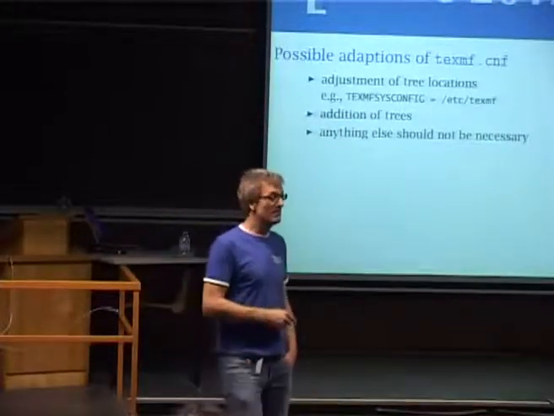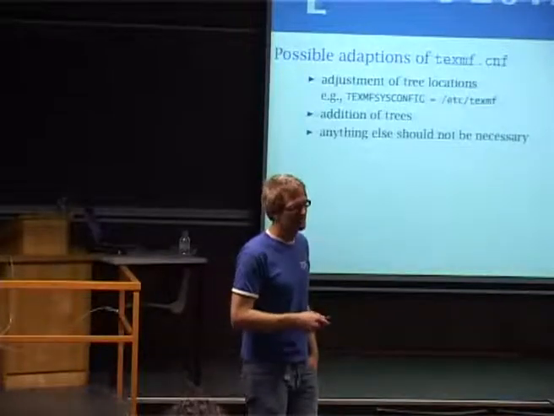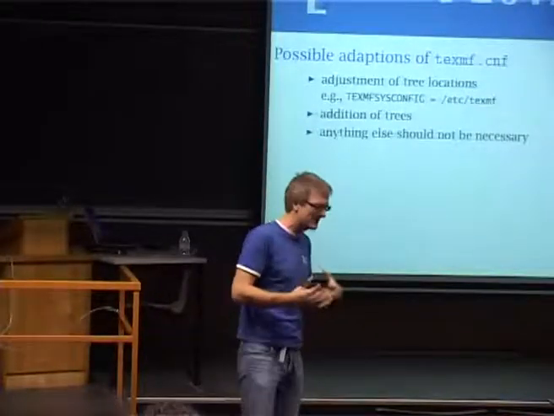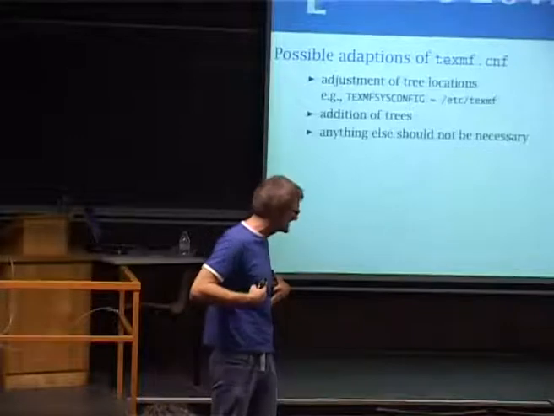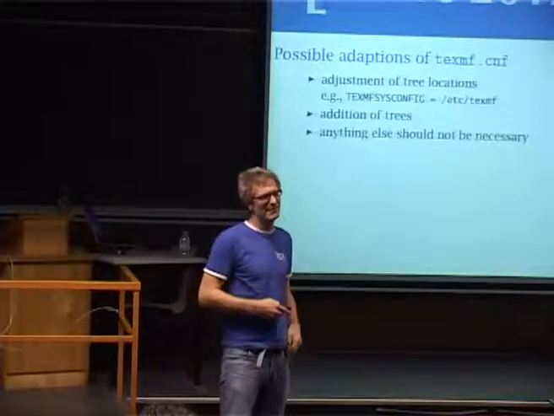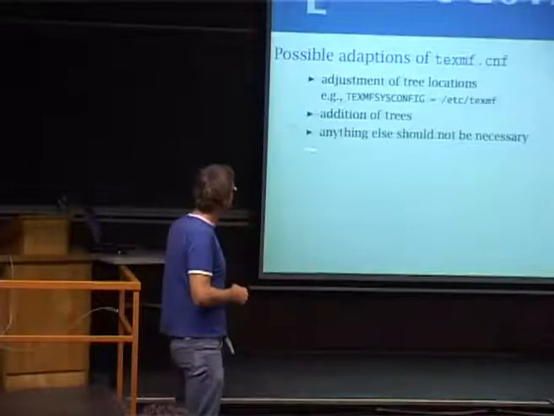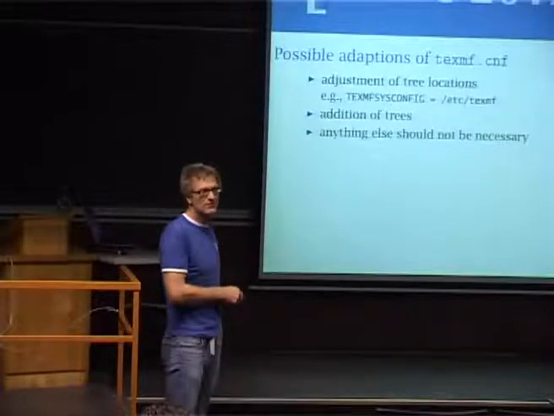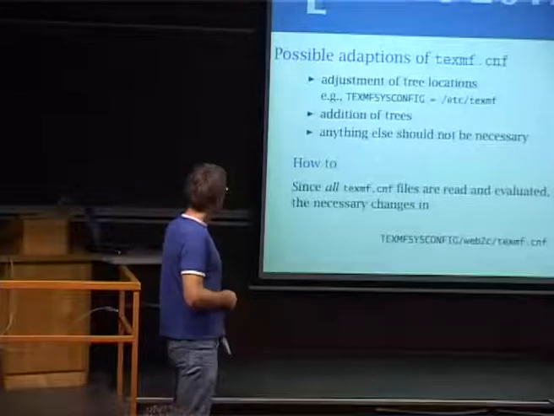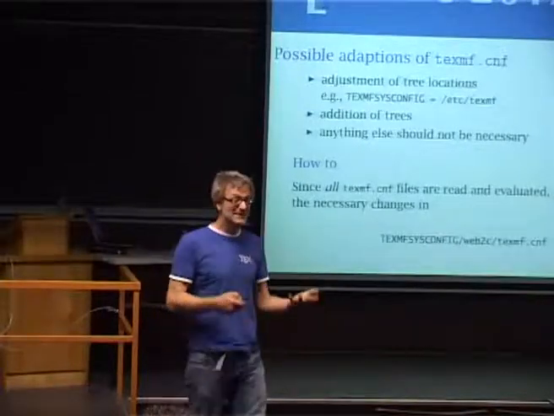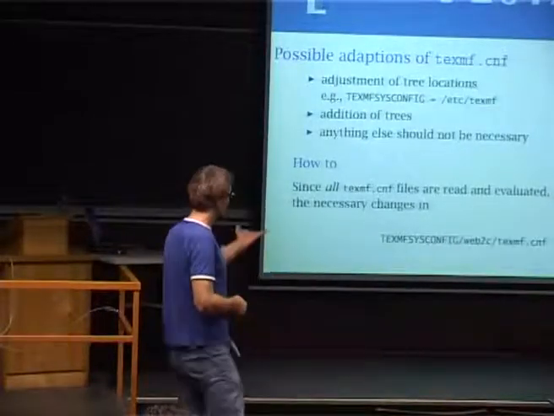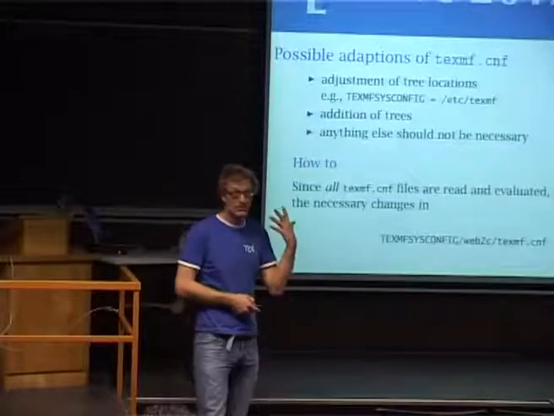I mean, there are memory adjustments, but we have set up the values in a way that even if you install everything, you shouldn't hit any memory limit. So if you actually hit this, then you probably know what you have to do, or you can ask us. As I said, this is a stacked one. Since all of them are read, you don't need to copy all of it.